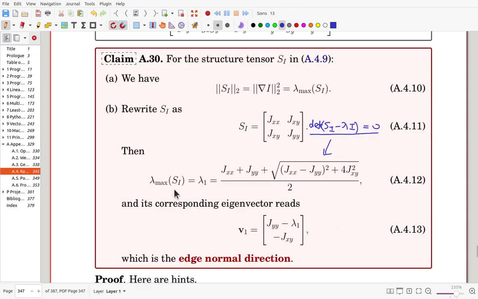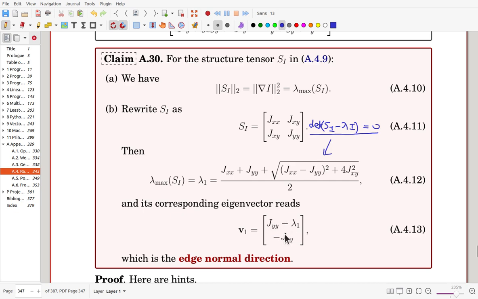Now, in practice, only large ones are used, so we'll use that one, and then the corresponding eigenvector must be this one.